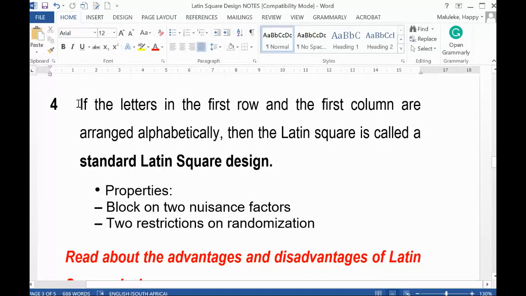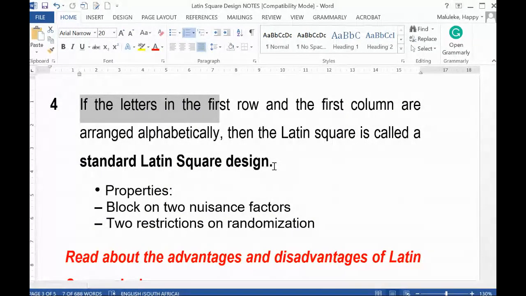This is very, very important: if the letters in the first row and the first column are arranged alphabetically, then the Latin square is called a standard Latin square design. Let me repeat. If the letters in the first row and the first column are arranged alphabetically, then the Latin square is called a standard Latin square design.